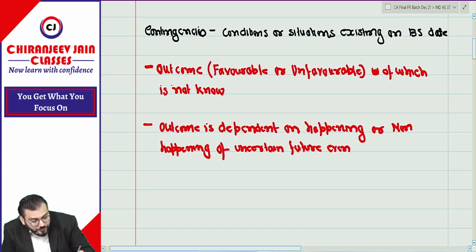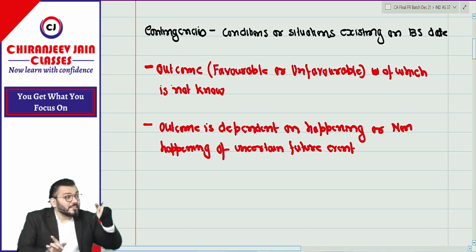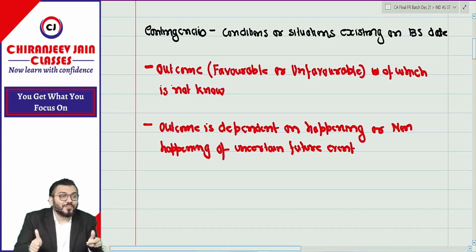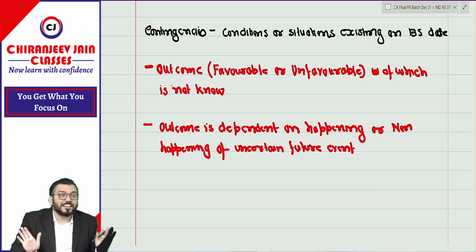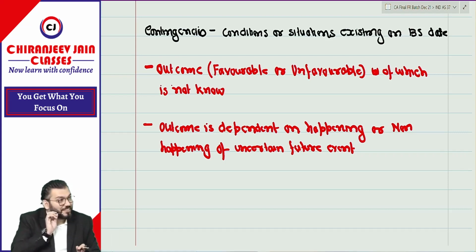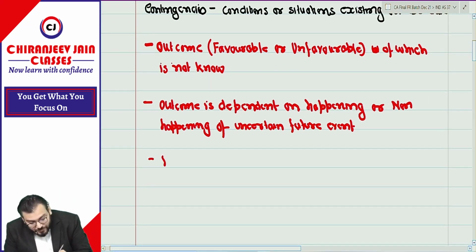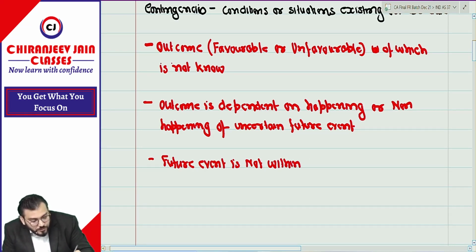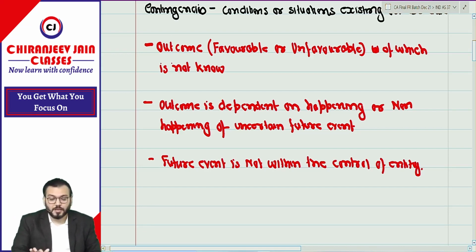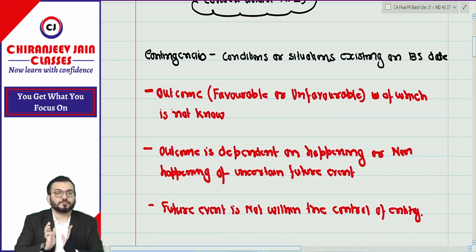And that future event is not within the control of the entity. The entity cannot control that future event. This is the definition of contingencies.